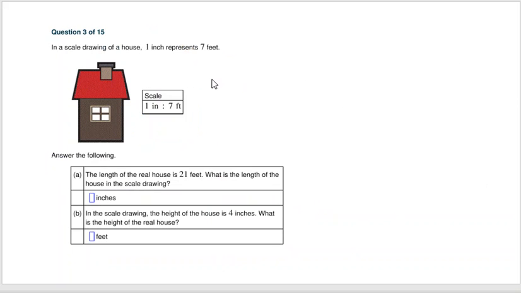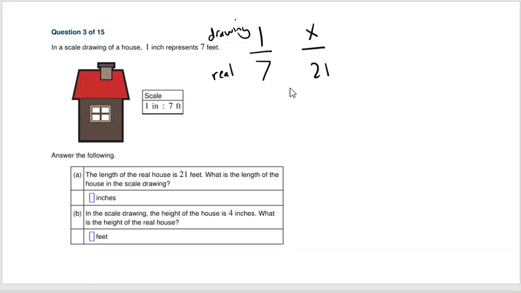In a scale drawing of a house, 1 inch represents 7 feet. So that's our scale, 1 to 7. This is the drawing, for every 1 inch, the real length of the house is 7 feet. Okay, so if the length of the real house is 21 feet, so let's just use this 1 over 7. So the length of the real house is 21.